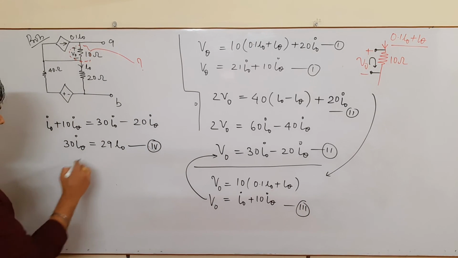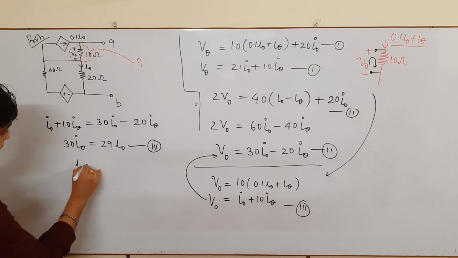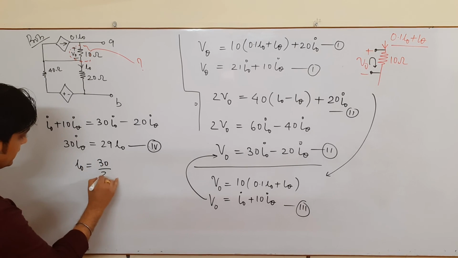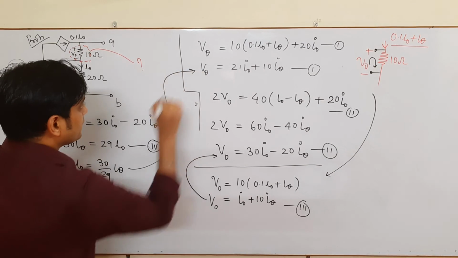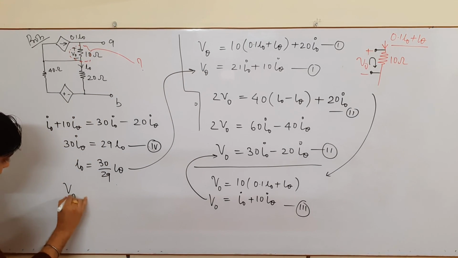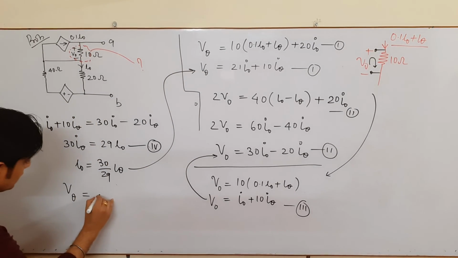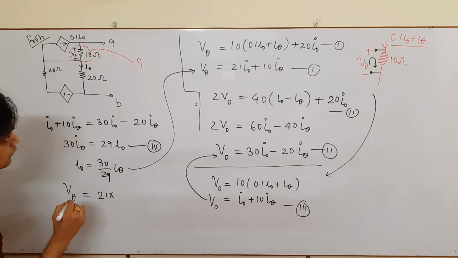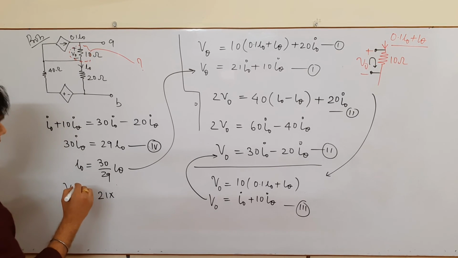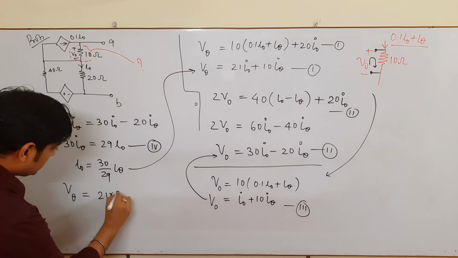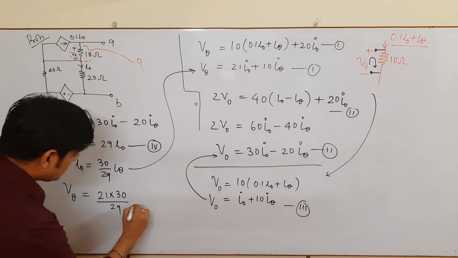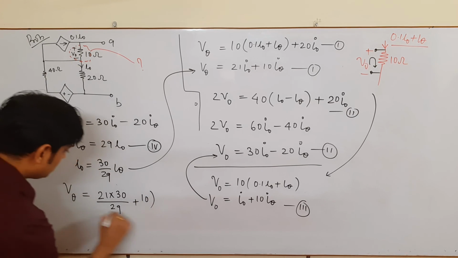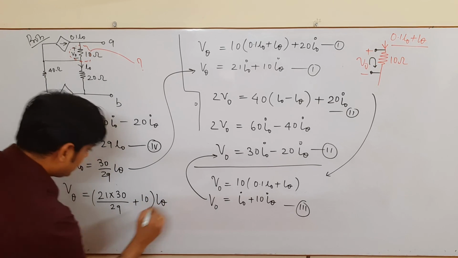So now if I put here the value of I naught as 30 upon 29 I theta, the value of V theta comes to be 21 into 30 upon 29 plus 10, that should be the value of I theta.